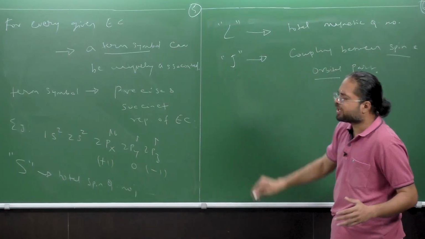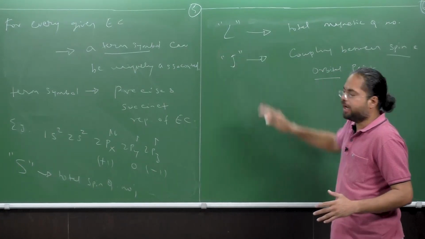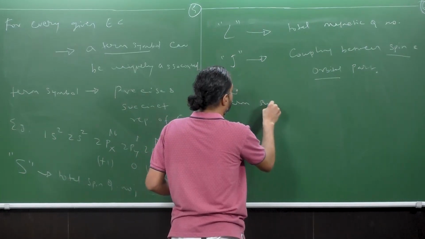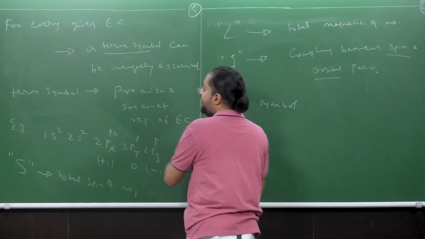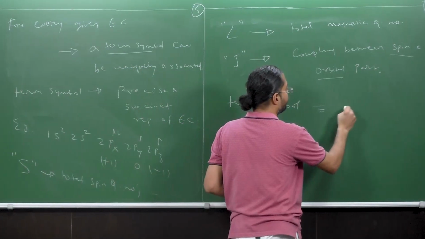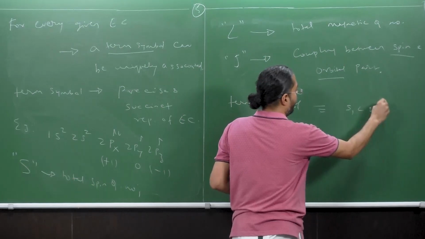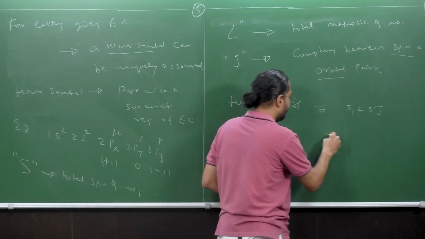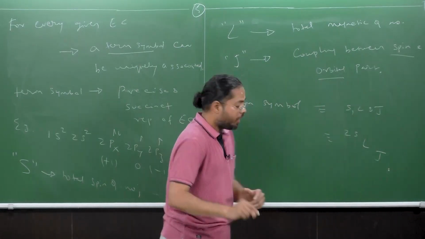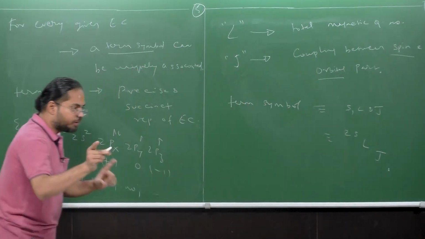Don't worry if you're not clear about what these things mean yet. My term symbol for any given electronic configuration can be expressed in terms of S, L, and J.